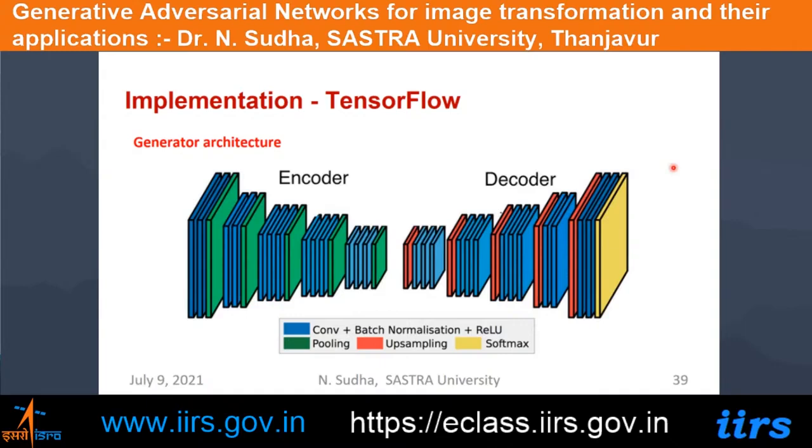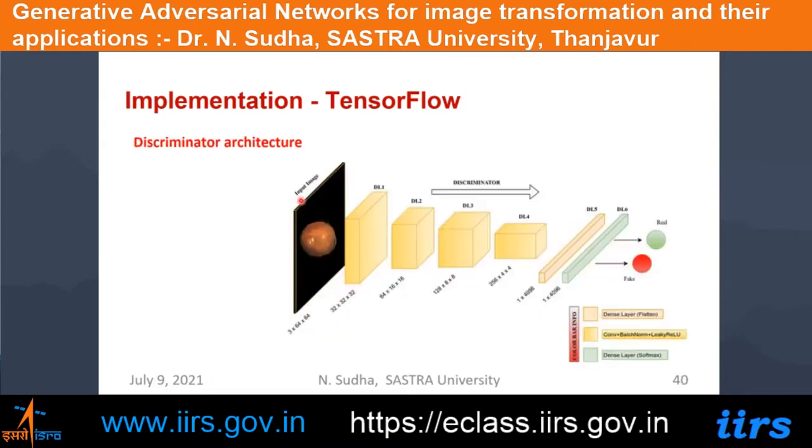But the discriminator in this case is just a classifier. The discriminator takes only one image, and it is just a convolutional neural network with two classes as output: one is real and the other is fake.